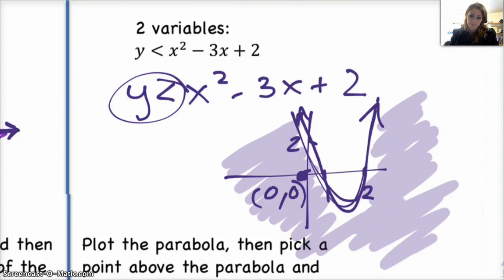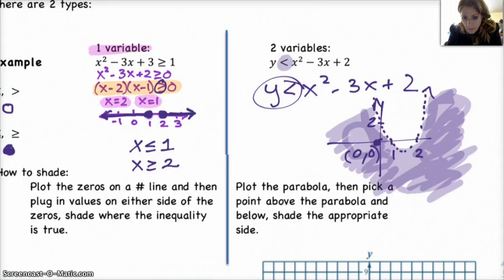That'll work. The only other thing you have to remember is that since this is a less than, it means that any of the points on the parabola don't actually work. And so you have to demonstrate that with a dotted line instead of a solid line. So that would be how I graph that parabola inequality.